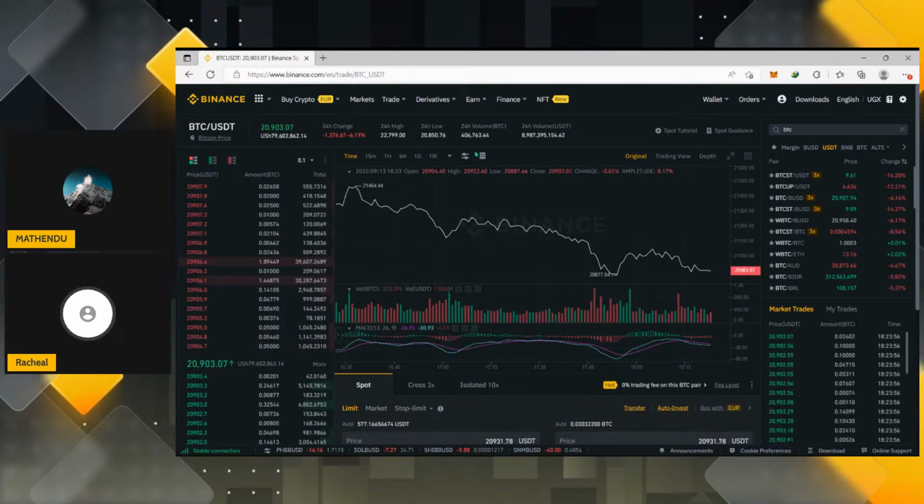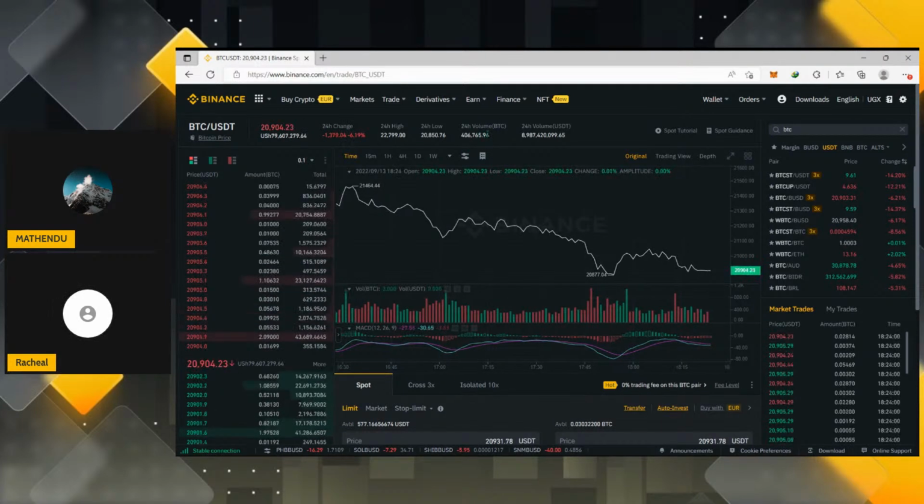We can see that 406,000 BTC have been traded in the last 24 hours, and then the volume as well in USDT. So I think we've all understood what this means.